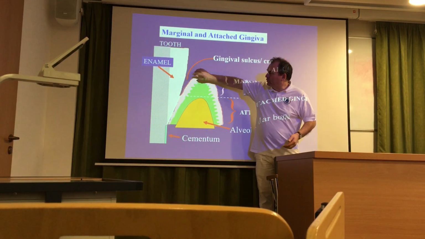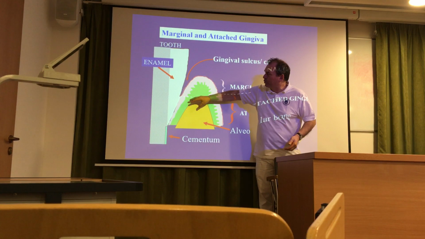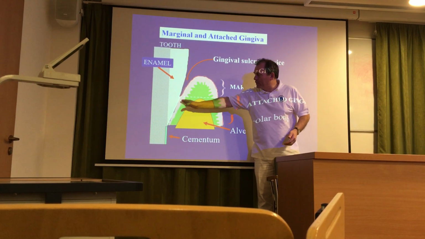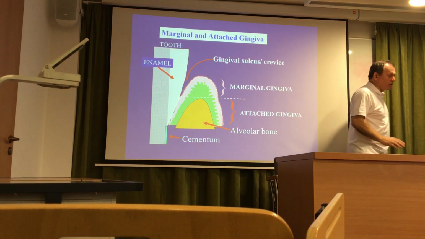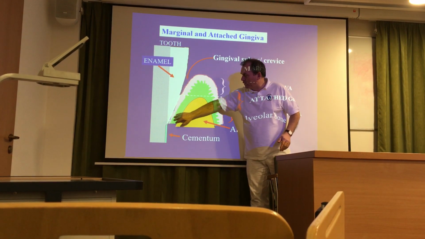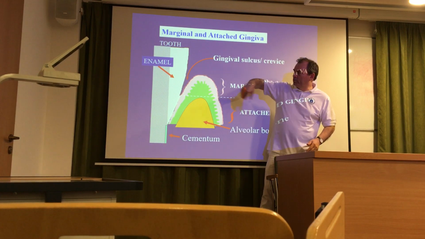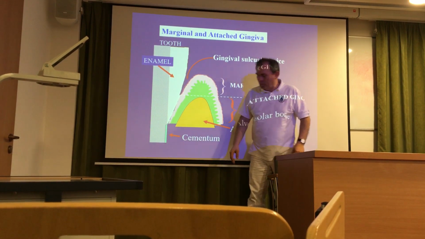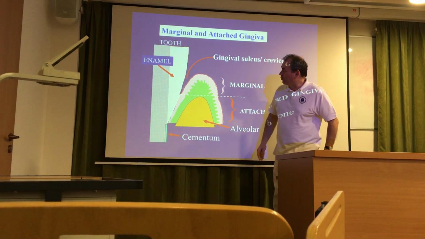You can see here the gingiva with different components, and the attachment level in a healthy young situation is under the enamel region, near the neck area of the tooth.